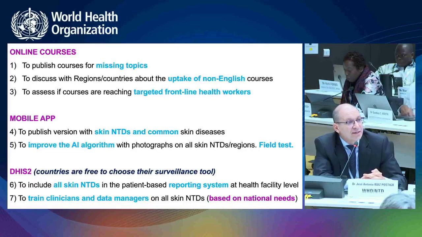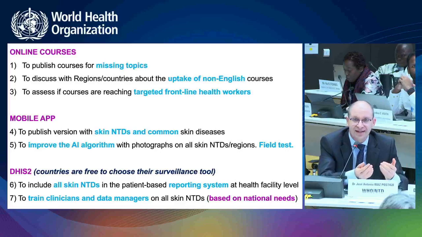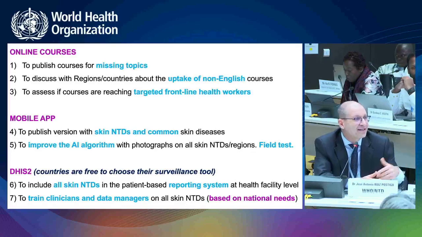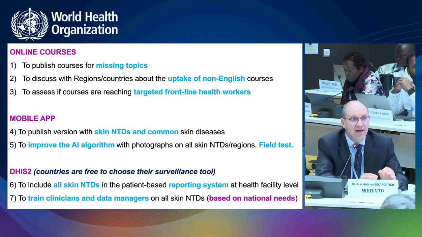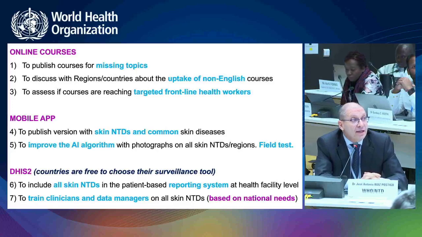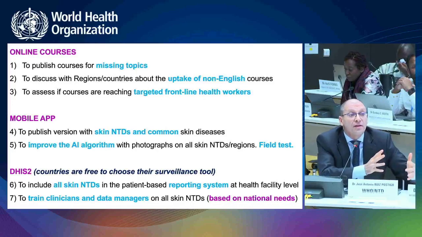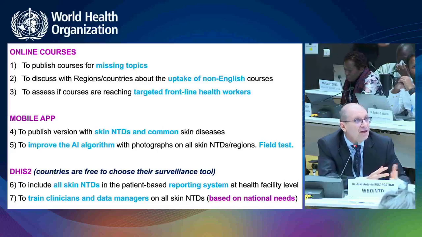On DHIS2, and I want to emphasize that countries are free to choose their surveillance tools, we will just convert the Excel files or whatever format into what WHO is using now. We should include all skin NTDs in the forms that are in Access 10 of the framework. And then we should train clinicians and data managers on the skin NTDs that are relevant for a given country. Thank you.